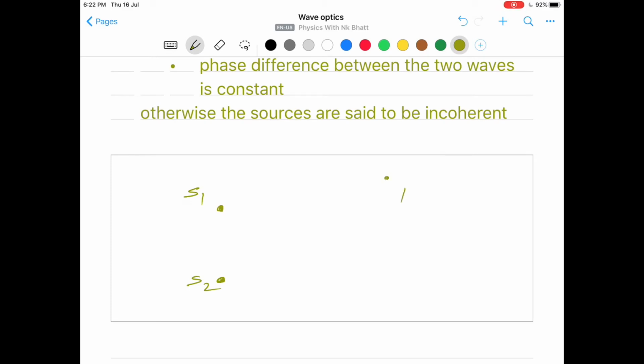Let our point of interest be P. At this point, we are just thinking of the waves originated from these two sources approaching.